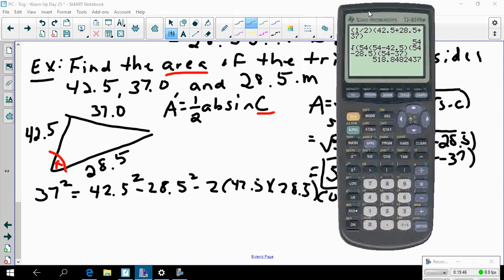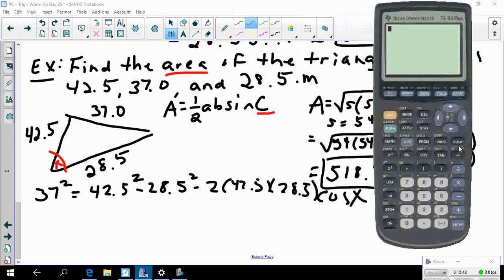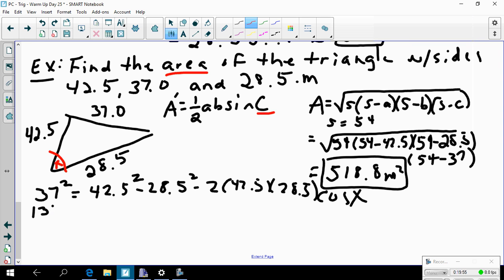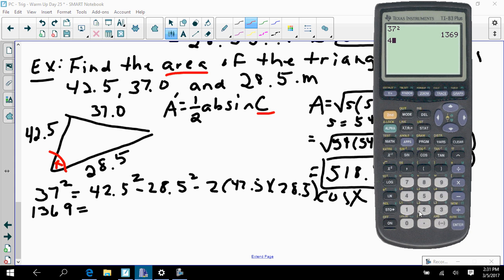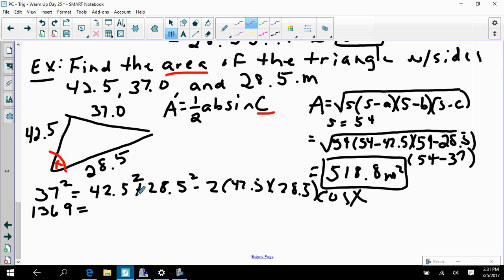Okay, so let's do what I can do here. I can do 37 squared, which is 1369. I can add 42.5 squared and 28.5 squared, which is 2,618.5.